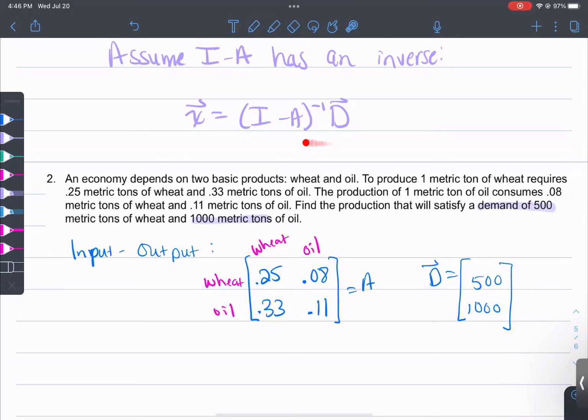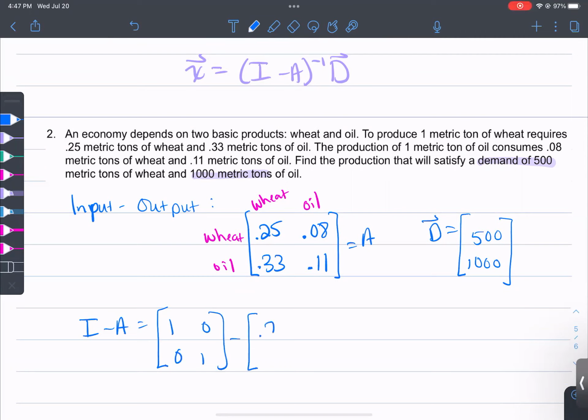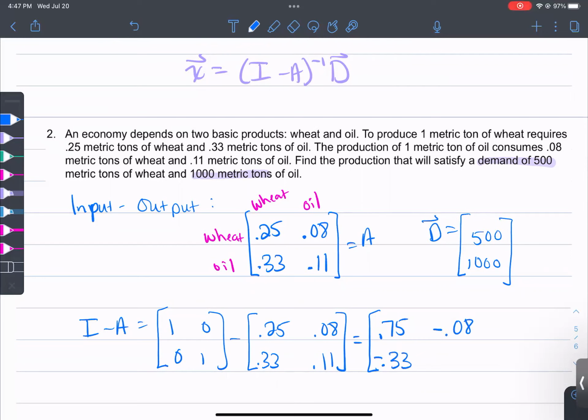Okay, looking at what is at the top of the screen, what we're looking for is the production matrix. So we need to calculate I minus A, I being the identity matrix, so 1 minus 0.25 is 0.75, 0 minus 0.08, negative 0.08, 0 minus 0.33, negative 0.33, and 1 minus 0.11 is 0.89.